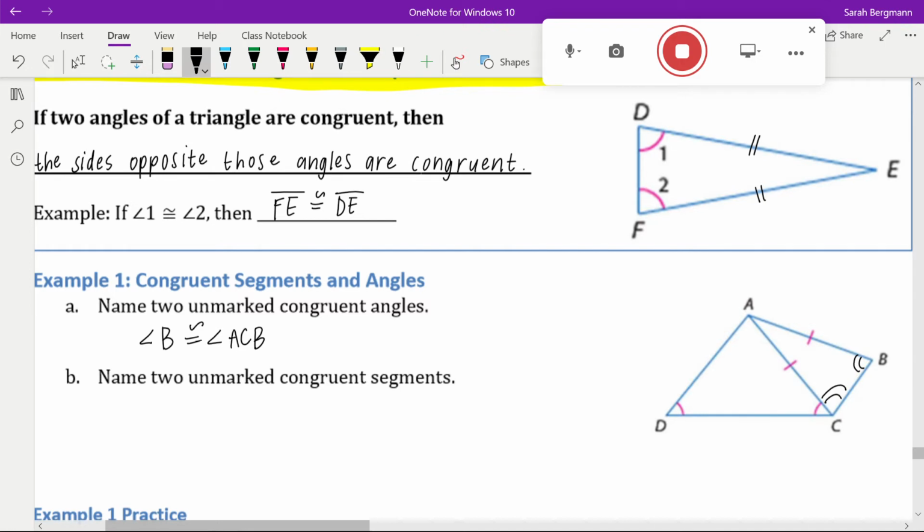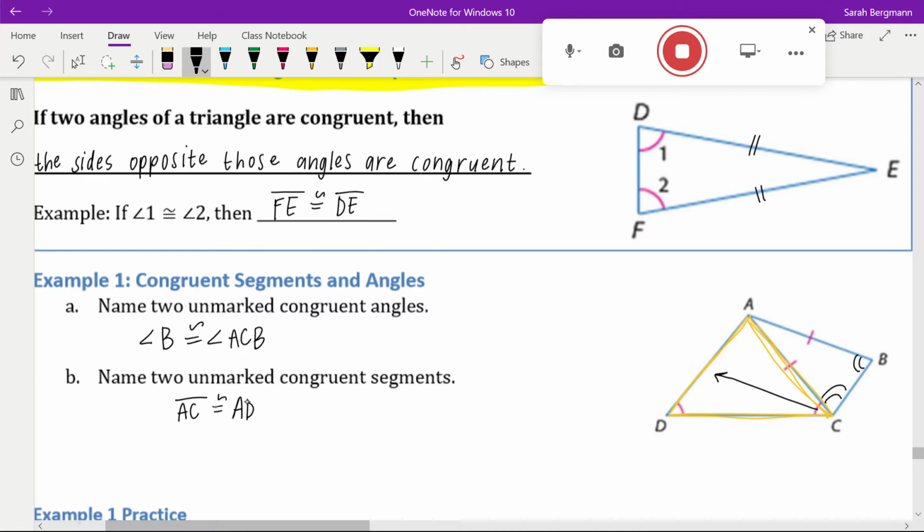Next it says name two unmarked congruent segments. So this time I want to focus on triangle ADC, because this is the triangle that has two angles marked congruent already. I know that angle D is across from side AC, and angle ACD is across from side AD.